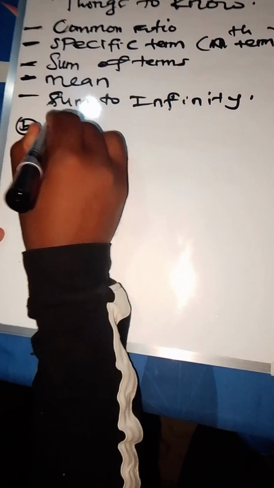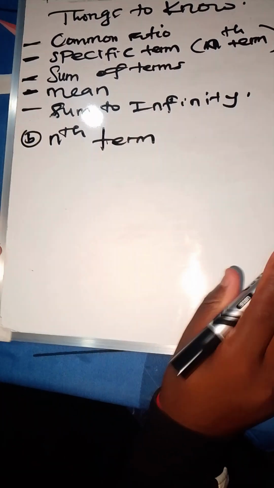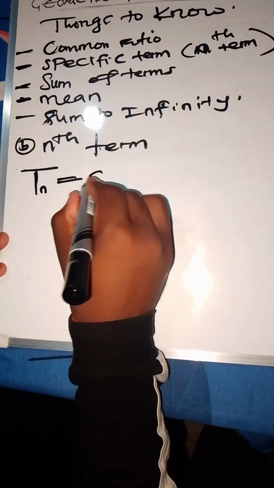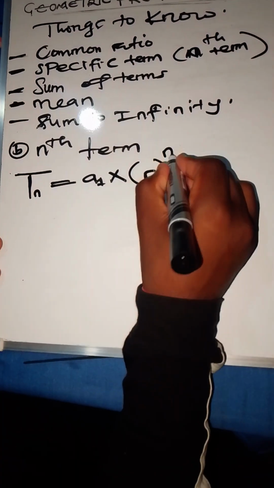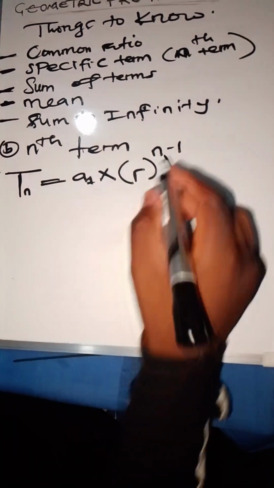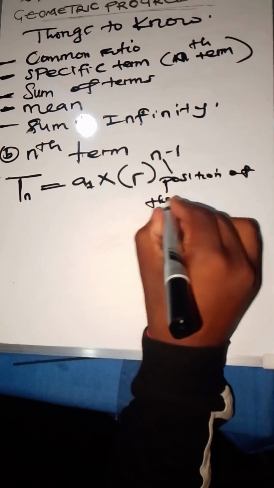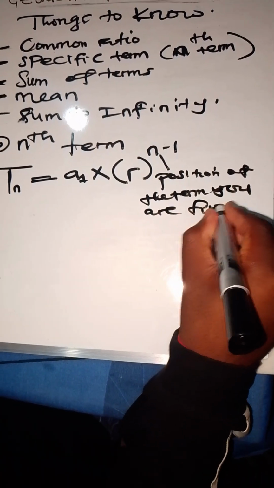The formula for finding a specific term, or the nth term, is Tn equals the first term multiplied by the common ratio raised to the power n minus 1, where n is the position of the term you are finding.